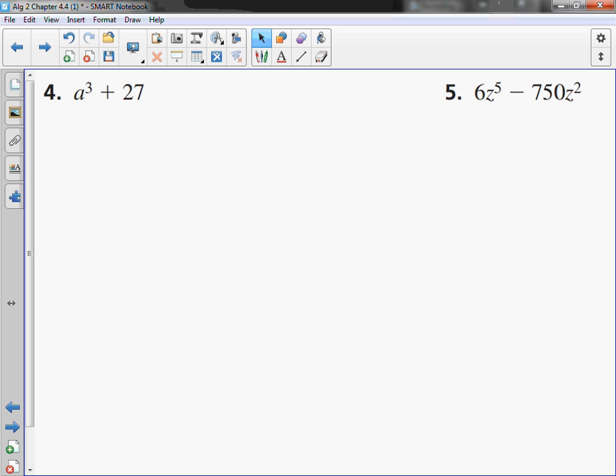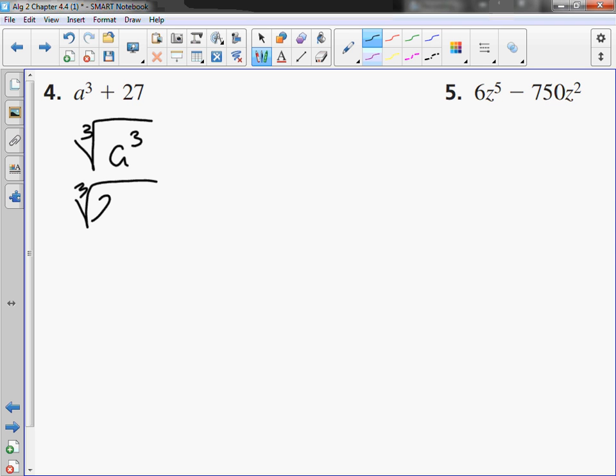So this here. There's no greatest common factor, so I'm going to look at the cubed root of both. What's the cubed root of a cubed? This would be the cubed root of 27.